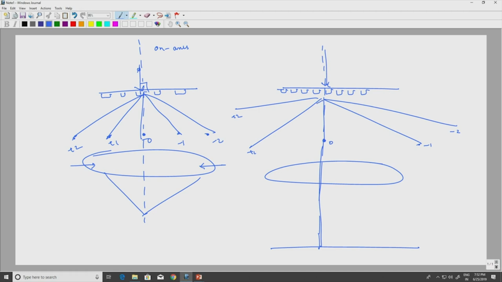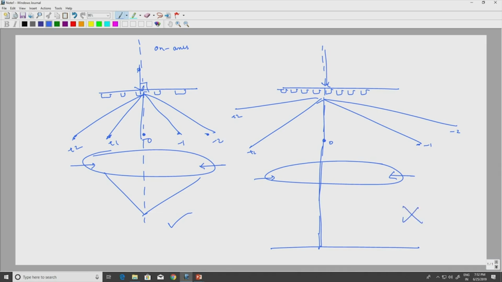So there won't be an image formed because I am missing both the orders. In the imaging lecture we saw that you need at least one order captured through your lens in order to make the image. For the interference pattern, you need two beams. Now I only have this zeroth order beam coming through the system. So in this case you will be able to image, but in this case you won't be able to image.